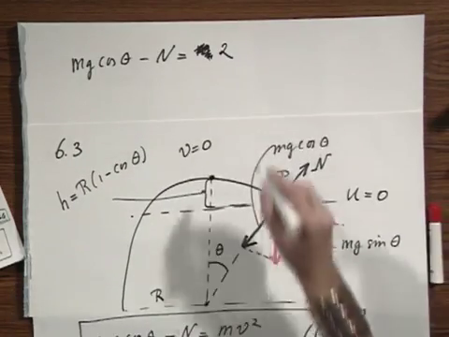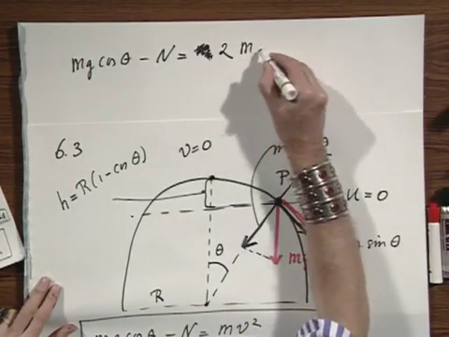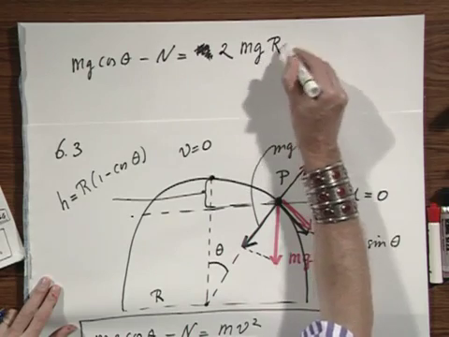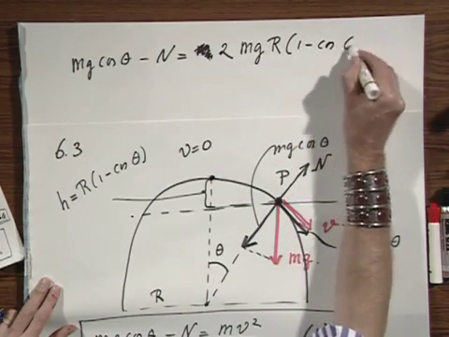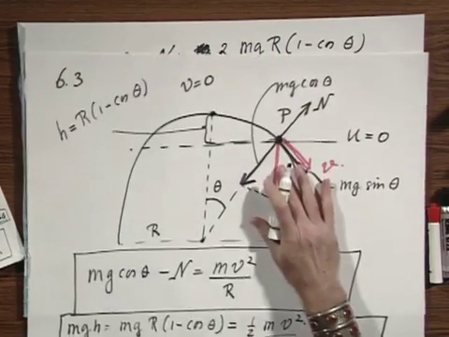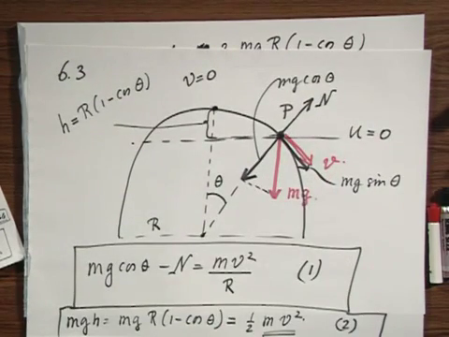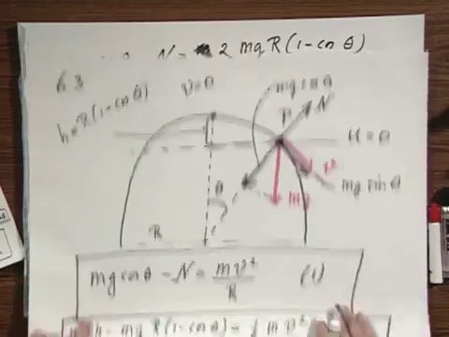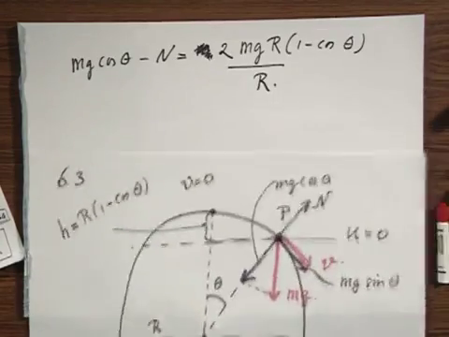So I get 2 times mg times r times 1 minus cosine theta, and then I have here an r downstairs, which is this r. Is that correct? Yeah, that's this r, m v squared over r.